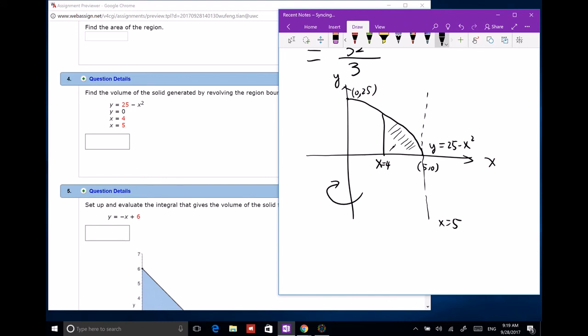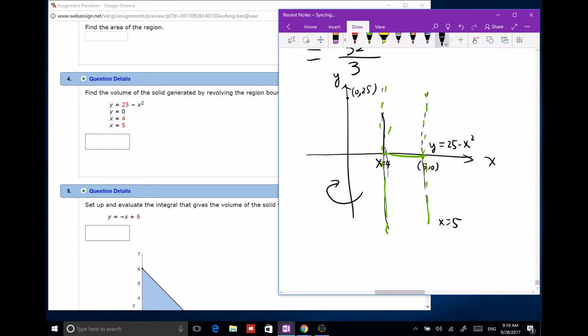And then it's this line, and this curve, and this line. So 4 of them bound this region. Does it make sense now? Okay.